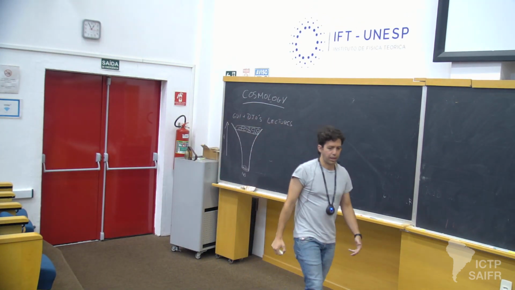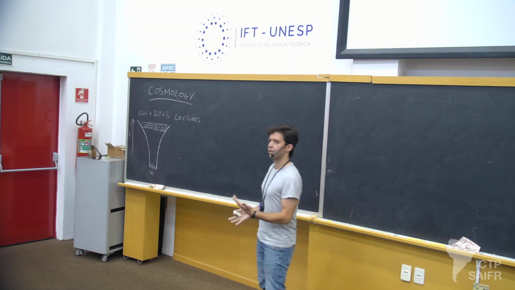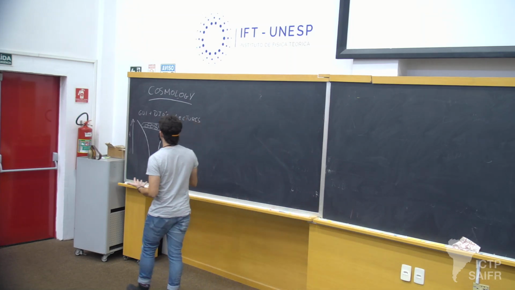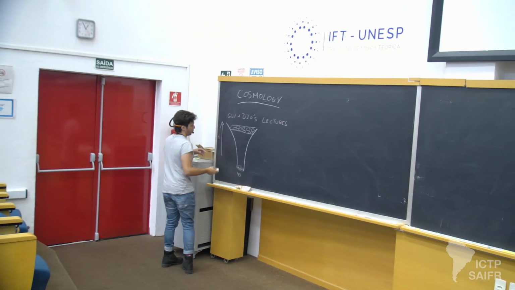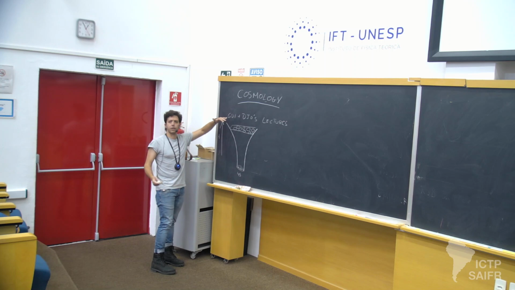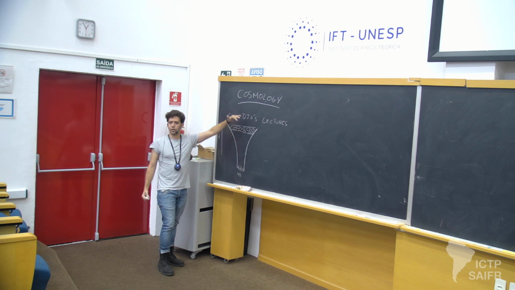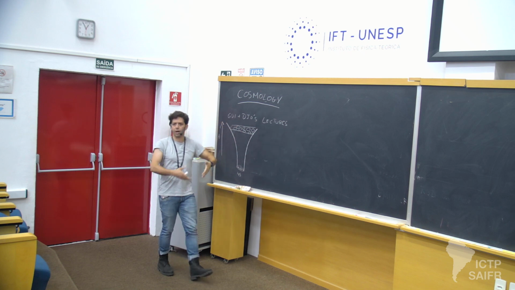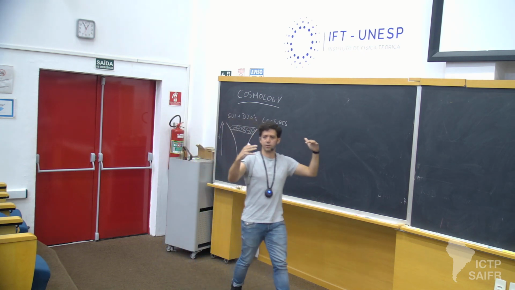And of course, what the study of inflation is, is to study the quantum dynamics of this entire history of the universe, right? And to understand how it imprints on the CMB fluctuations.